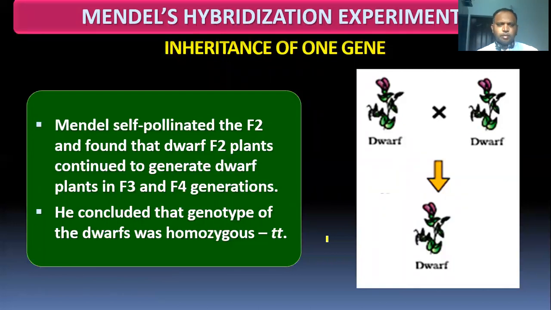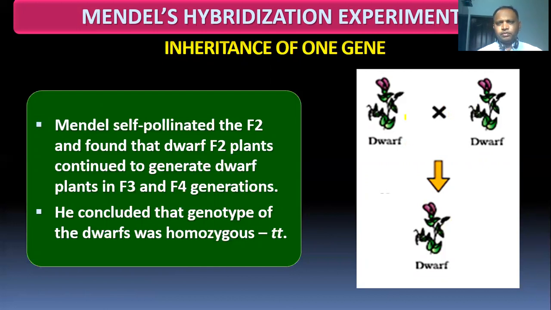So in a monohybrid cross, Mendel self pollinated the F2 and found that dwarf F2 plants continued to generate dwarf plants in F3 and F4 generations. And he concluded that the genotype of dwarf was homozygous. If dwarf is crossed again with dwarf, we will get only dwarf.